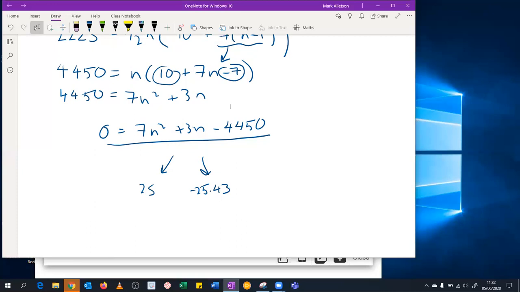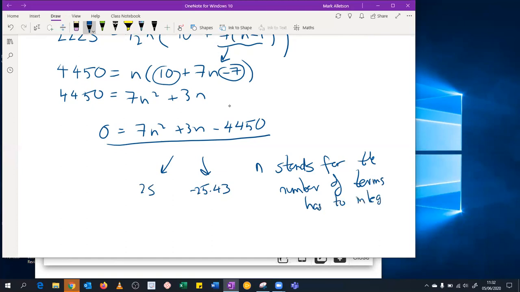Thank you. Good boy. Okay, so none of you have replied to me what you think the actual answer is. Well, n stands for the number of terms. So n has to be an integer for starters, and it can't be negative.